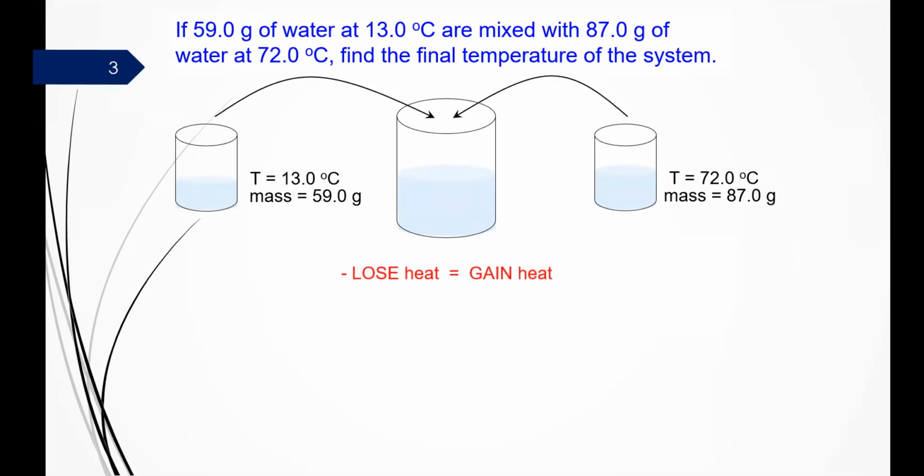Moving forward, our loss of heat is equal to our gain of heat. This is going to be from our hot water over on this side, and this is going to be from our cool water over on this side.